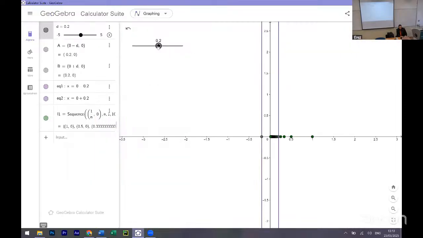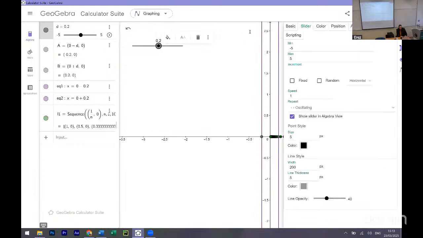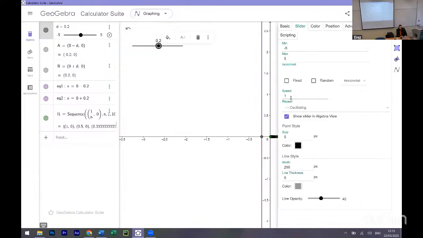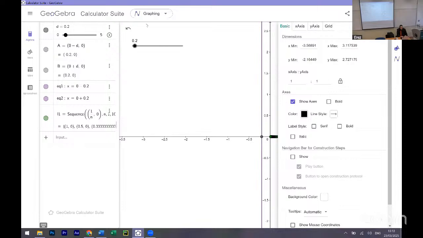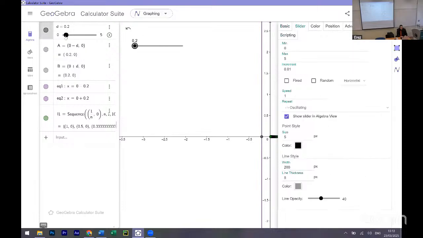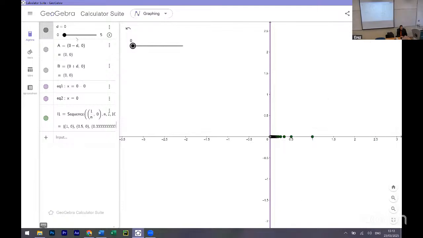And if we decrease d even more, say, slider increment of 0.01. So if we decrease it even further, that was too much, sorry.